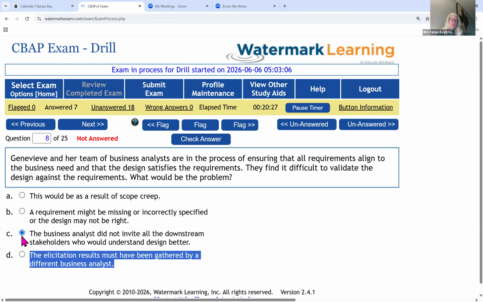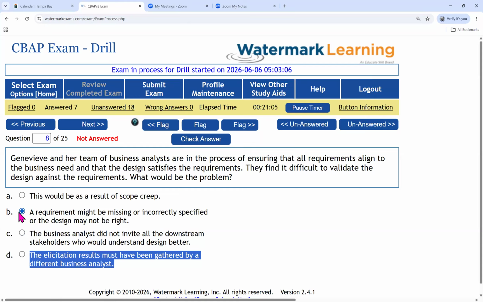Gabriella and Amarachi. I think I would go with B. You like B better? Tell me why. If you validate the design and there's a challenge or it doesn't match, then either the design is wrong or maybe the requirements collected were not correct.